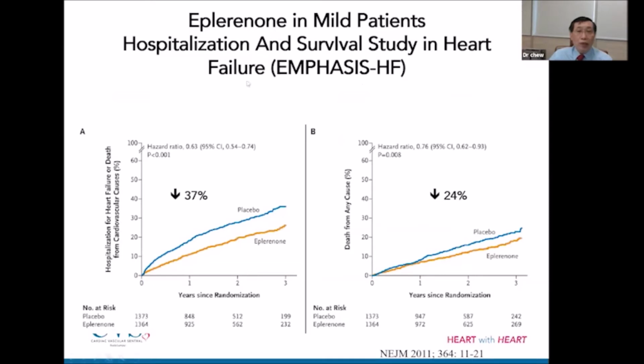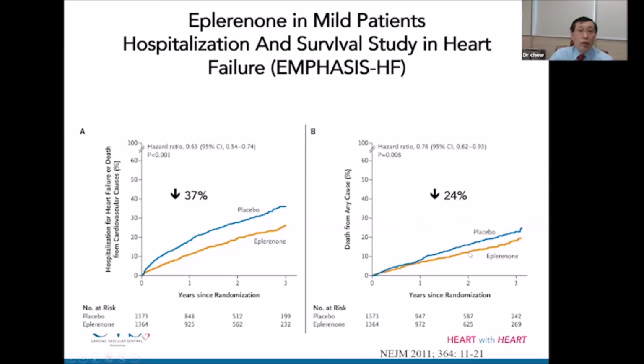This was another study using eplerenone. These are patients with mild heart failure with reduced ejection fraction, and the primary endpoint was hospitalization for heart failure or cardiovascular death, and there was a 37% reduction in this event in patients who received eplerenone. There was also a 24% reduction in all-cause death in patients who received eplerenone.